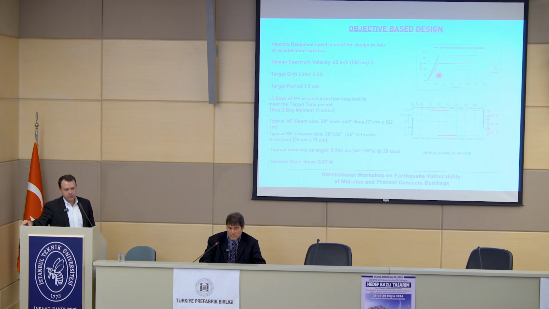Assume that secondary members, that is, vertical load carrying members, are not going to participate in the lateral resistance because their strength and stiffness is so much less than the bracing system. How we account for it is to make sure that the secondary members are designed to be ductile.